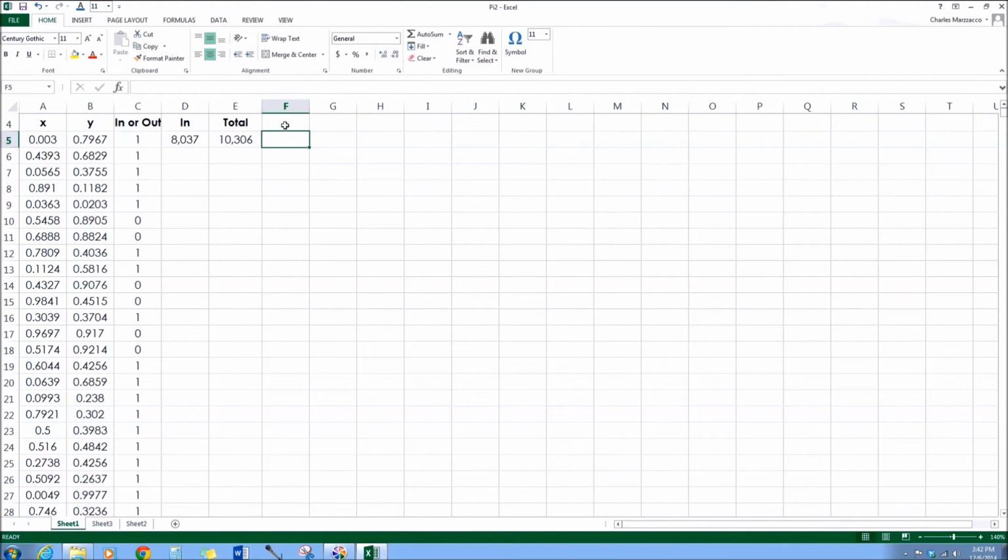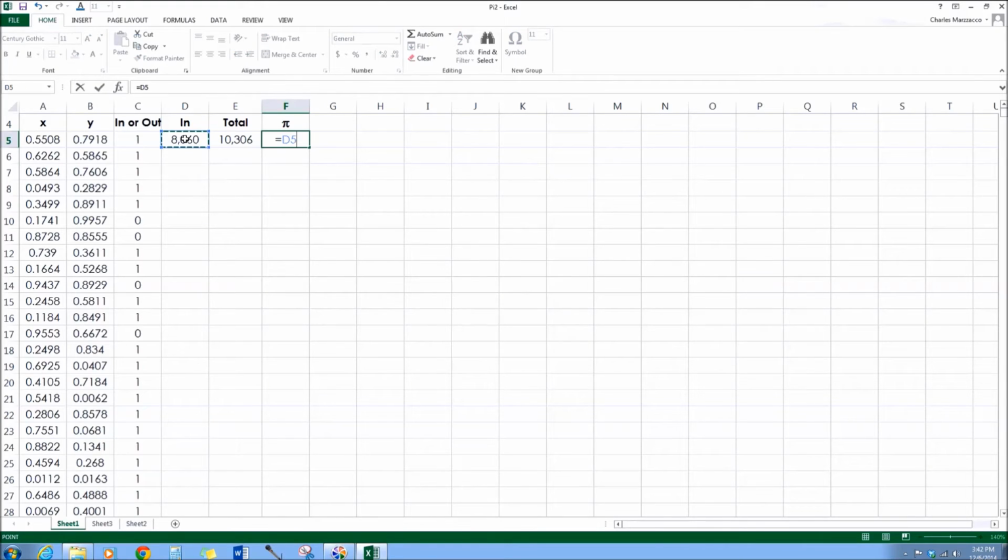Now to get pi, we take the total, which is proportional to the area of the quarter of a circle, times 4, because the ratio is going to be pi over 4, divided by the number proportional to the area of the square.